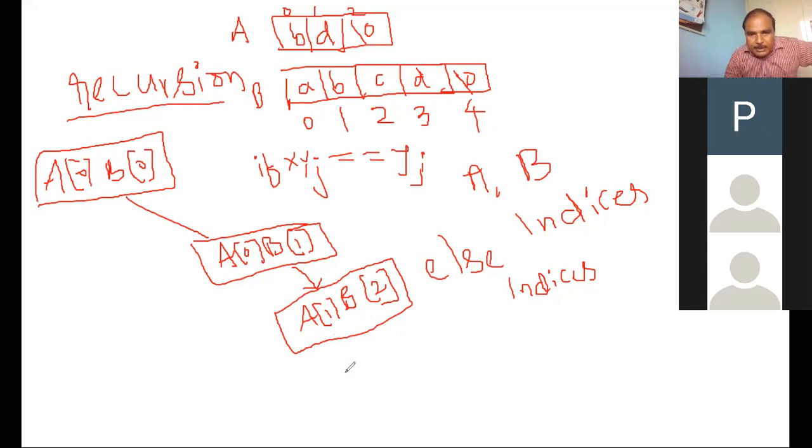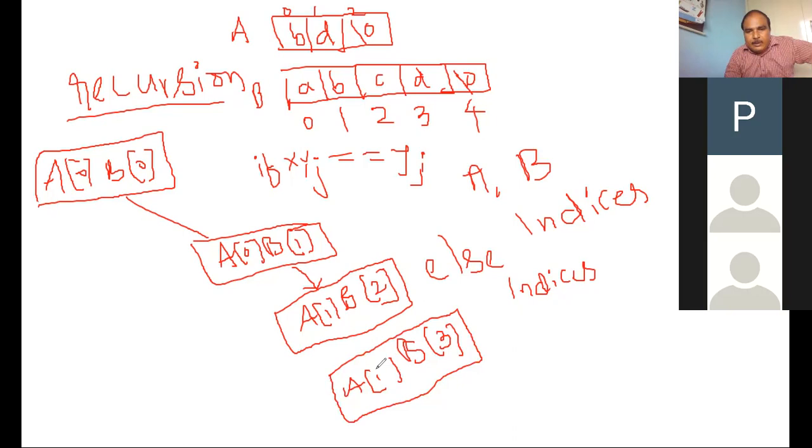The B index is incremented, and A of 1 stays as it is. Then B of 3 is compared. A of 1 is D, and B of 3 is D, so there is a match here.